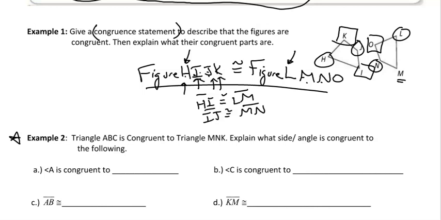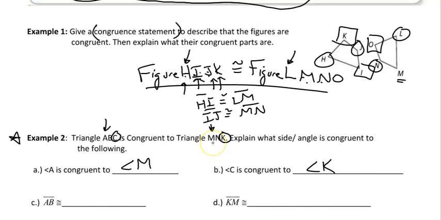Triangle ABC is congruent to triangle MNK. Explain what side or angle is congruent to the following. Angle A is the first. The first over here is M. So angle A is congruent to angle M. Angle C, which is the third one, is congruent to the third one over here, angle K. AB is the first two.